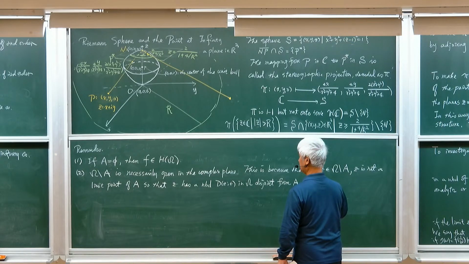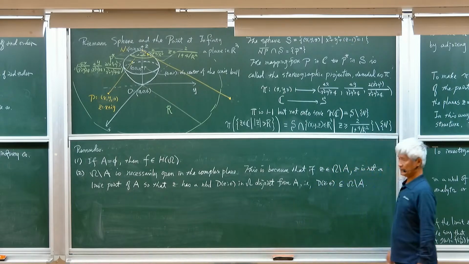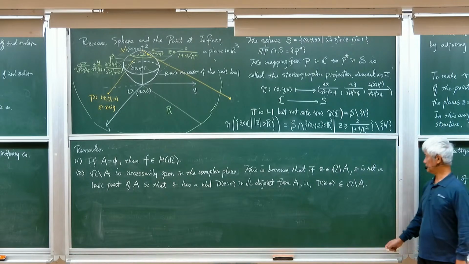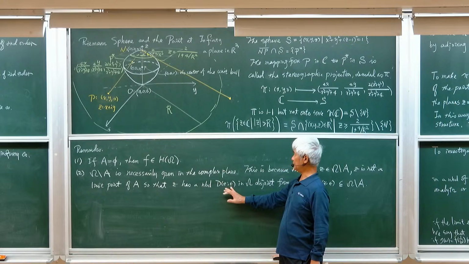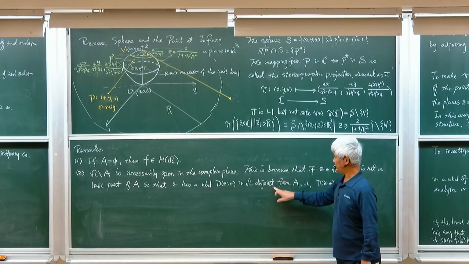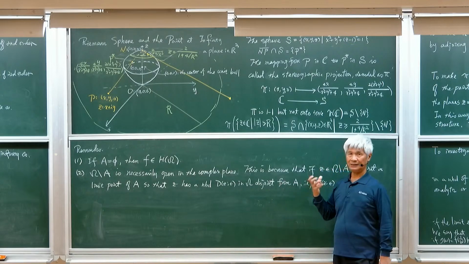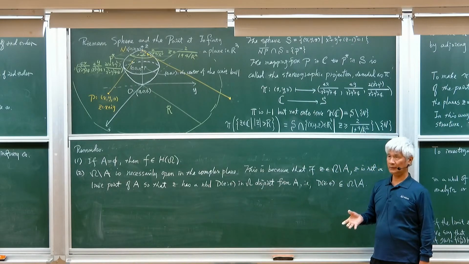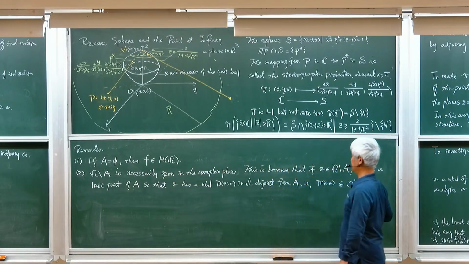I.e., the neighborhood will be contained in omega set minus A. Because if every neighborhood of z were not disjoint from A, which means that every neighborhood of z contains a point in A, then z would be a limit point by definition. So this is not true.